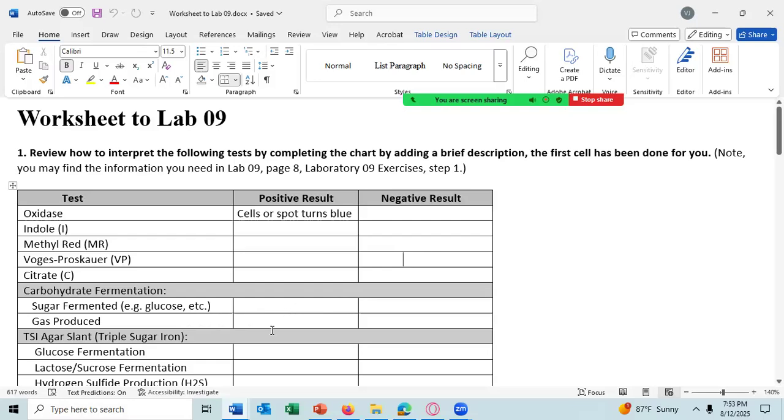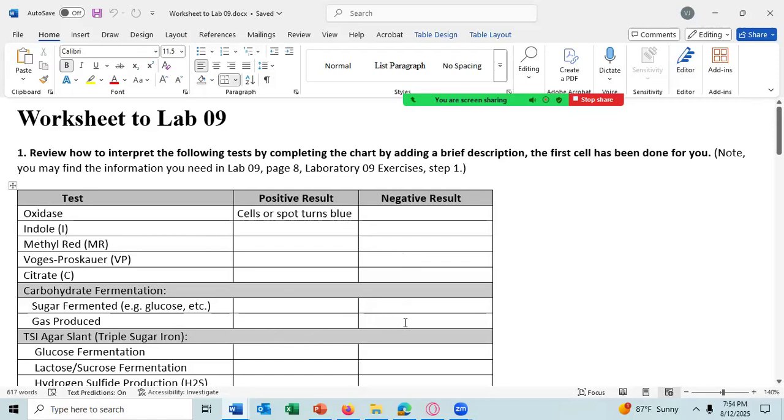And then give me the gas being produced in carbohydrate fermentation, meaning if your inverted Durham tube in your test tube, which is, I believe, no, I guess we don't do anything in the lab, so it's not in the lab, at least for my lab. The gas produced, tell me what the positive result is. You'll see a bubble, and then the negative result.